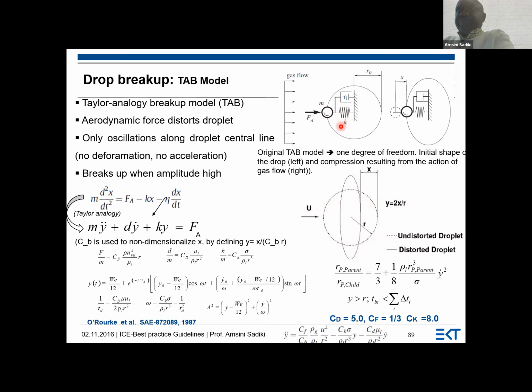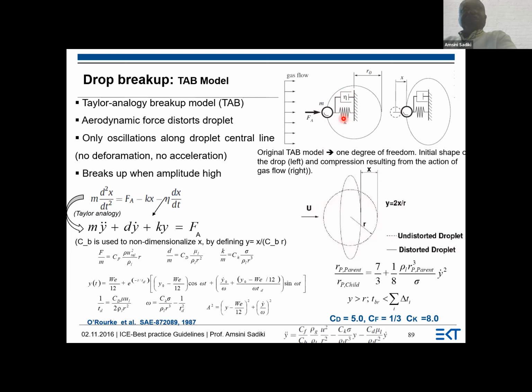So we have a viscous element, and here we have an elastic element. They are in parallel, and this is what we call in rheology, like Kelvin.